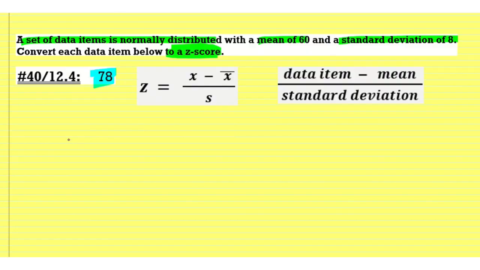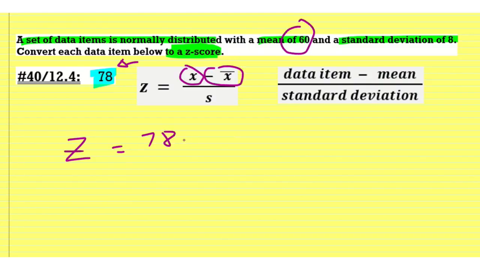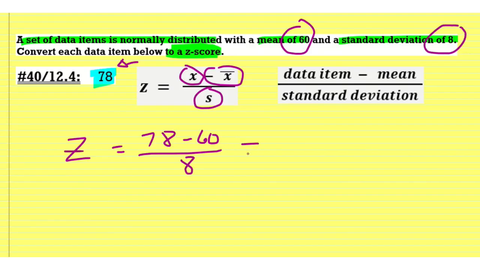So the z-score is equal to the data point, which is 78, minus the mean. They tell us the mean is 60. Then we divide by the standard deviation, which they tell us is 8. So the z-score becomes 18 over 8, because we subtract 78 minus 60.